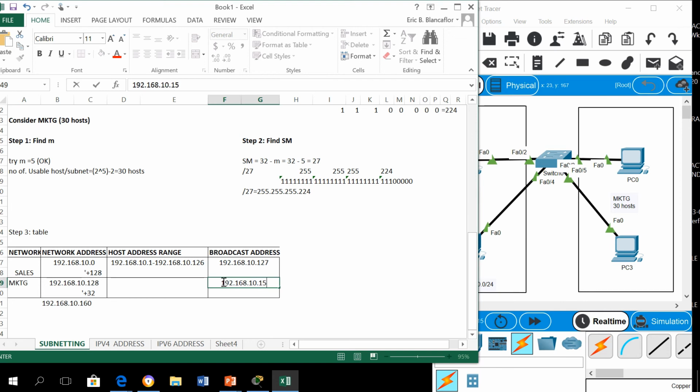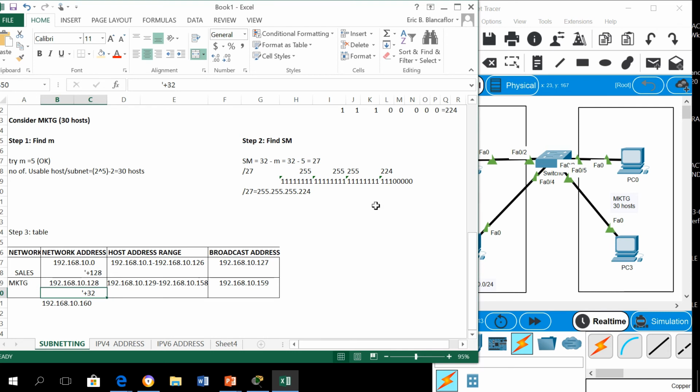So numbers between 128 and 159 are the host address range. So in this case, it is 192.168.10.129 up to 192.168.10.158. Okay?